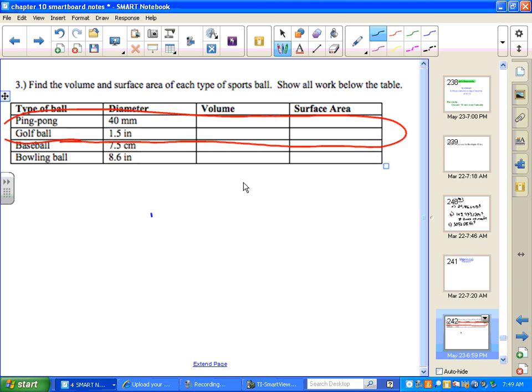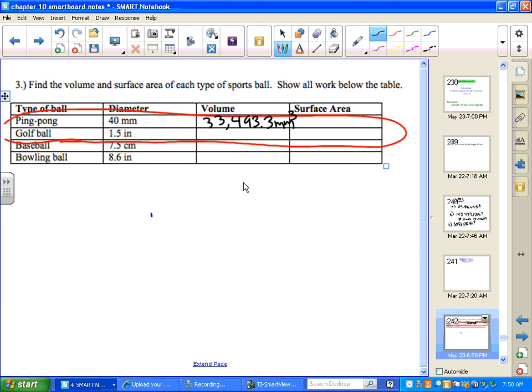All right. So the ping pong, volume of the ping pong, Doug, is what? Mm, 0.3 millimeters cubed or squared, Doug? Good. Okay, that's fine.